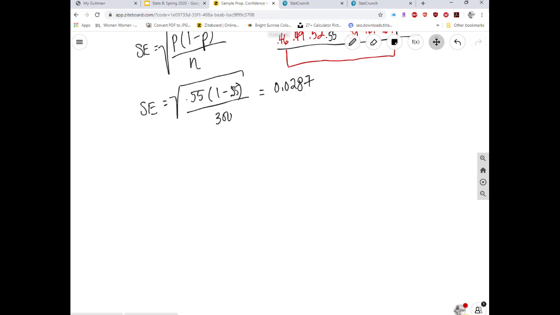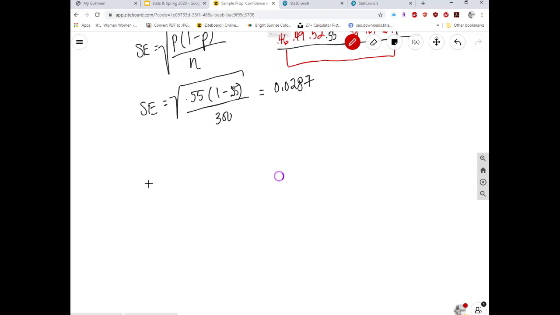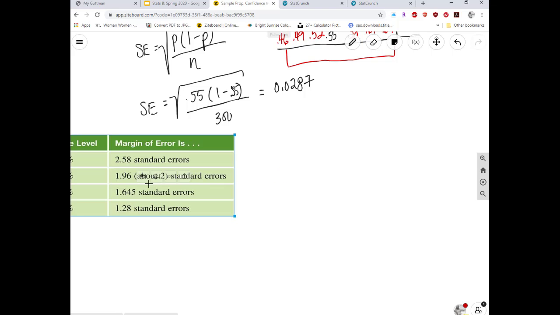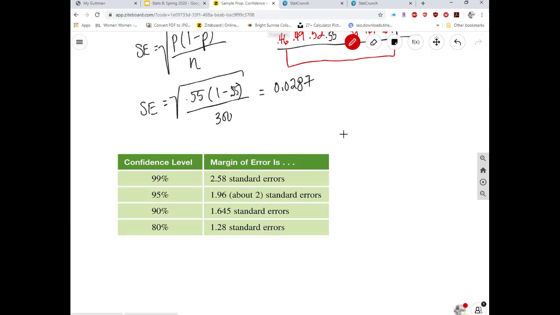I need to find my multiplier for that, and remember that there is a copy of the commonly used multipliers in the description box below. Here's my confidence level information. I'm looking for a 99% confidence interval level, so the multiplier that I need is 2.58, and it's right here.